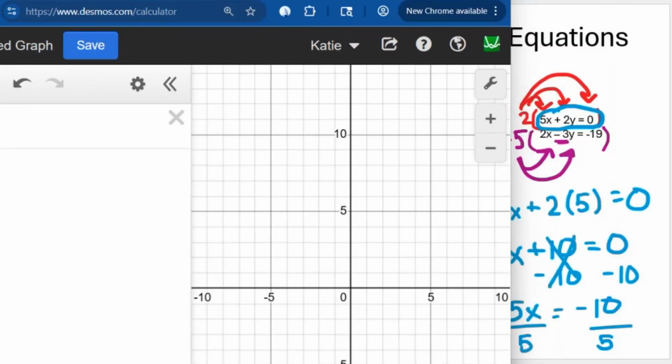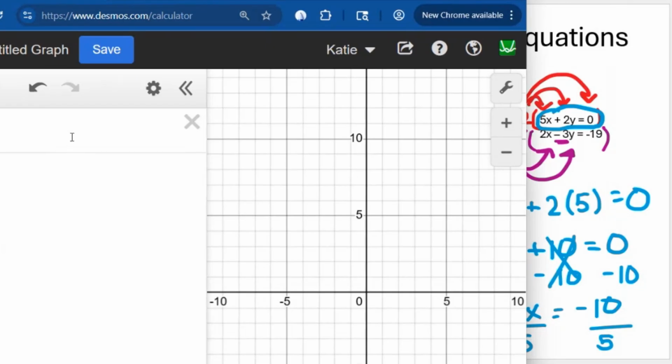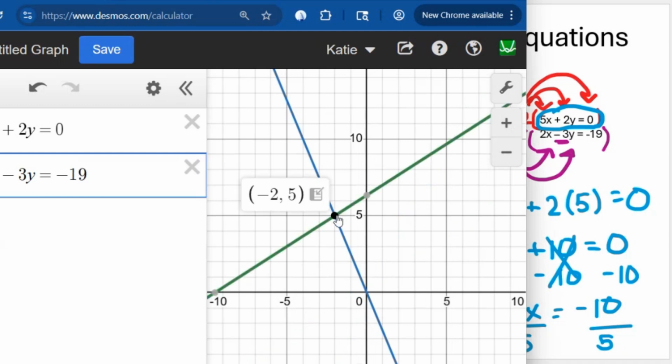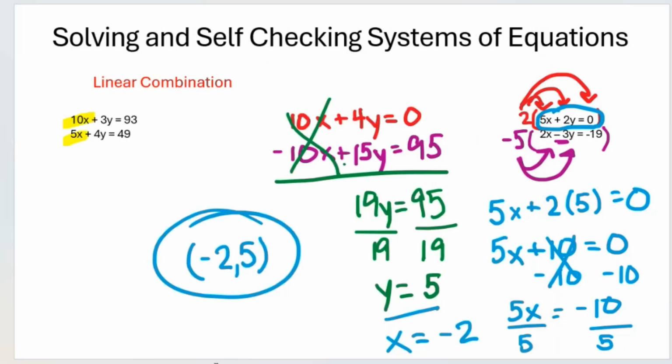If I type those two equations in quickly, 5x plus 2y equals 0, 2x minus 3y equals negative 19, and if I go right here, I can see that their intersection point is negative 2, 5. And that is exactly what we predicted.